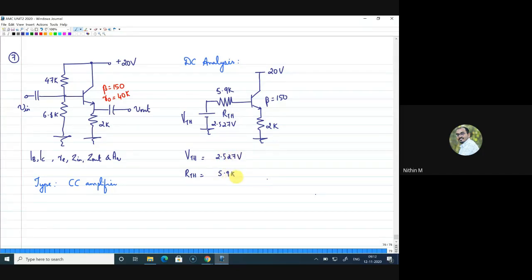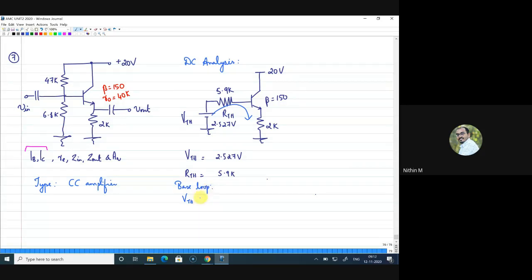Now with these values you can find the currents IB and IC, and in fact all the terminal voltages and currents. If you find IB and IC, automatically you can find VB and VE. To find IB, I'll write a loop equation for the base loop.